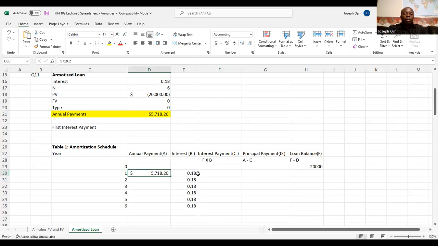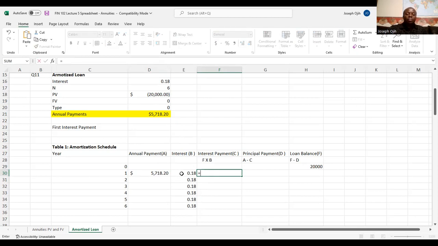So the amount from this payment that goes to the interest will be calculated by doing the loan balance. Actually, this section is to calculate the interest.